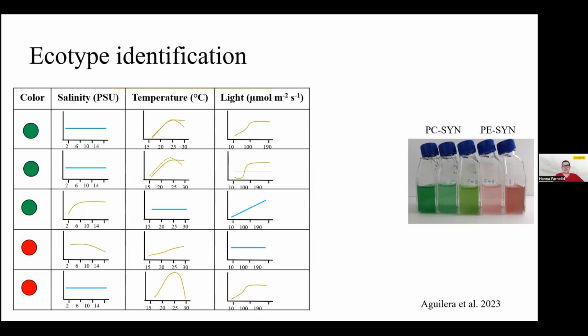And with salinity conditions, some had very large adaptability to different salinities, but some really had optima at specific salinity conditions. And same when it came to light. For some strains, low light did not inhibit growth at all, while others really required high light conditions in order to grow optimally.